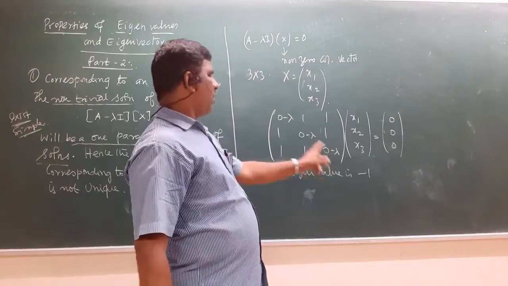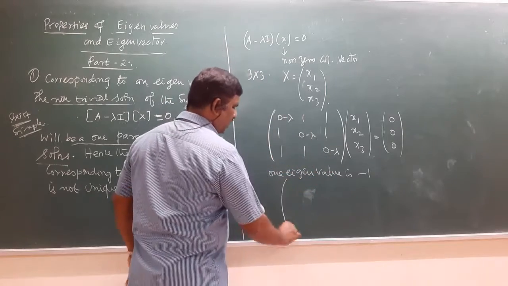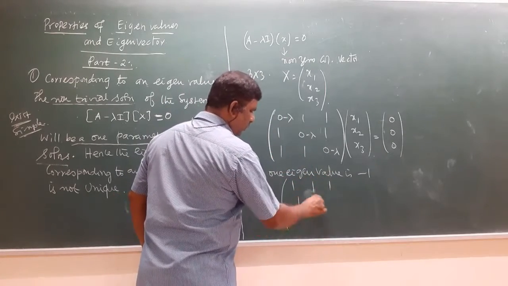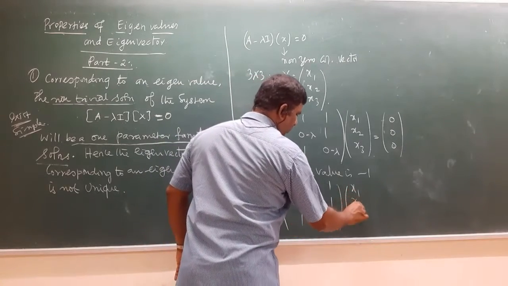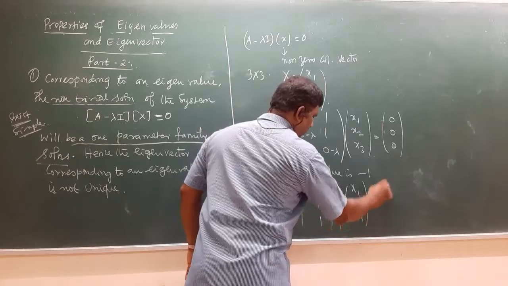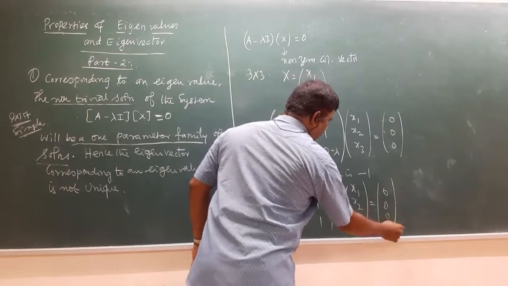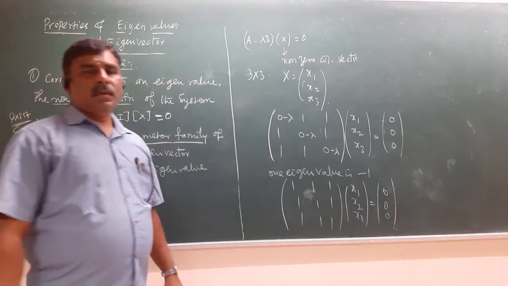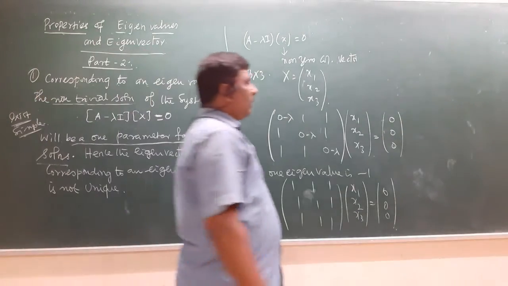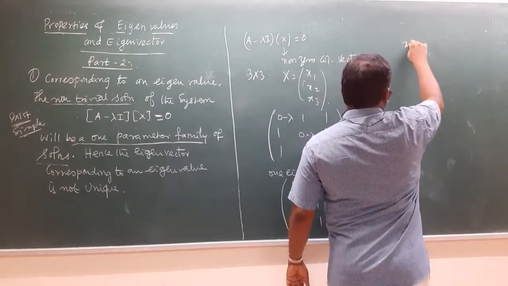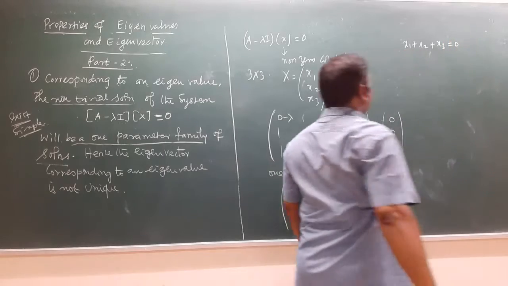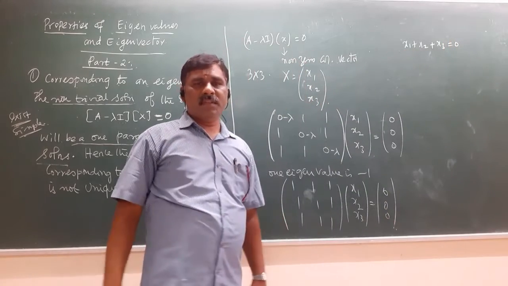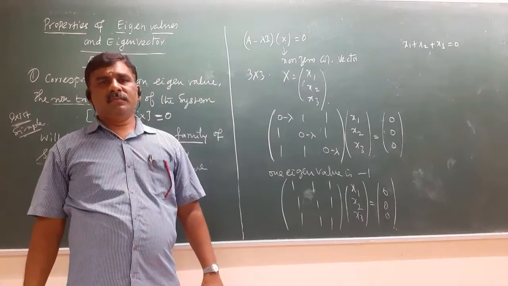Substituting lambda equal to minus 1 here, we will get 1, 1, 1. When you are multiplying that, x1 plus x2 plus x3 equal to 0.